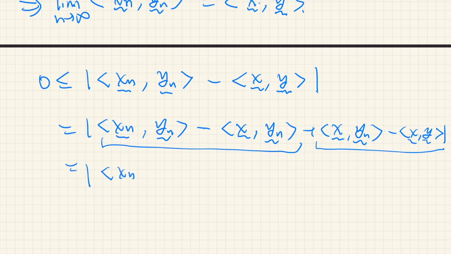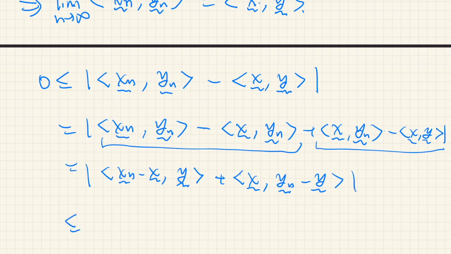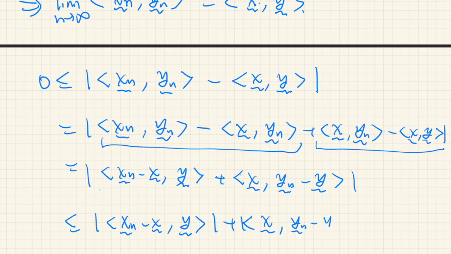So we have the inner product of xn minus x with yn, plus the inner product of x with yn minus y. And we can use the triangle inequality for the real numbers to split these two things. So we have the absolute value of the inner product between xn minus x and yn plus the absolute value of the inner product between x and yn minus y.